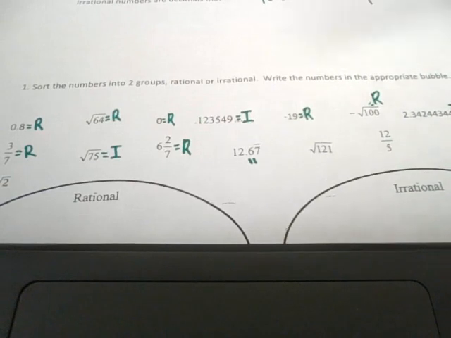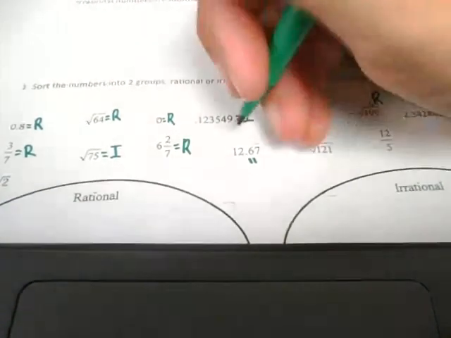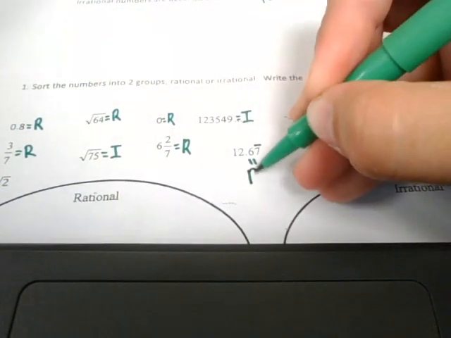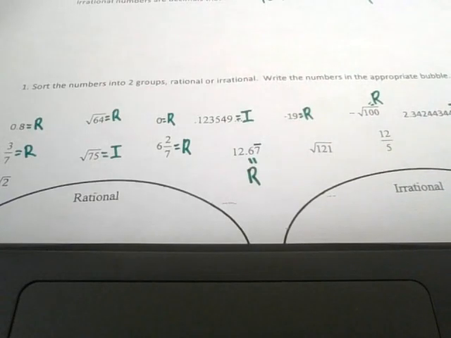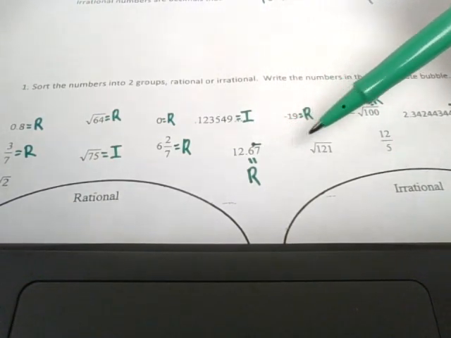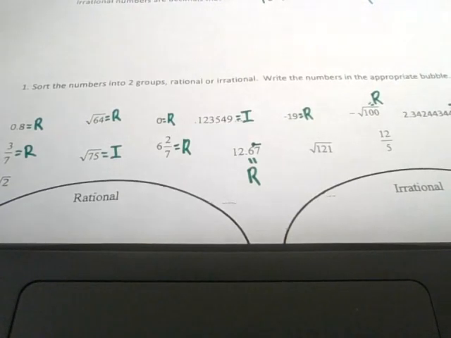It doesn't stop, but do you see this line right here? That's the repeating sign. So if it repeats, it is actually rational. The only way that makes this irrational is if that repeating sign went away and then it had a bunch of different numbers after it.